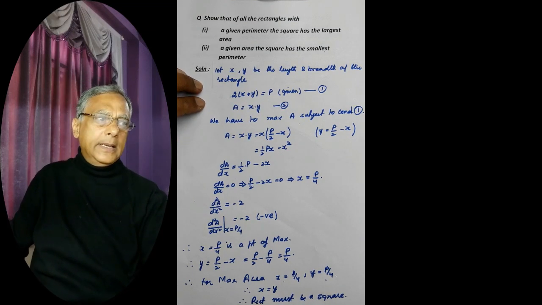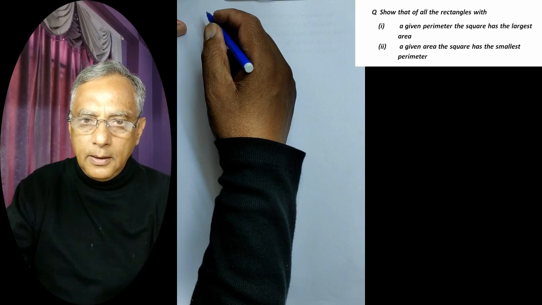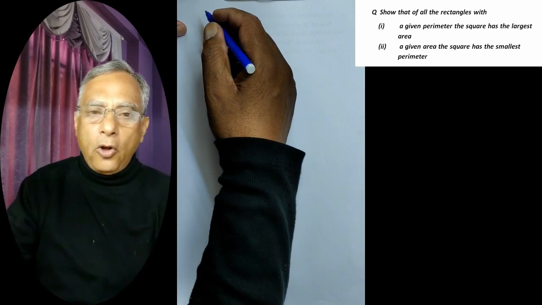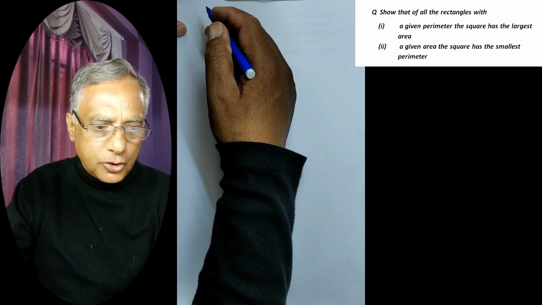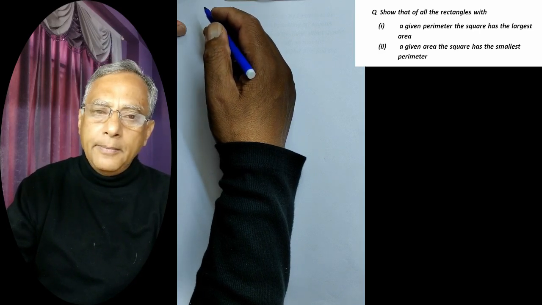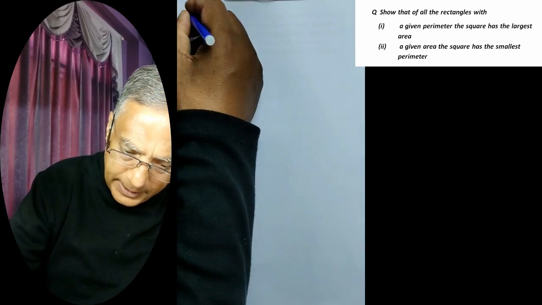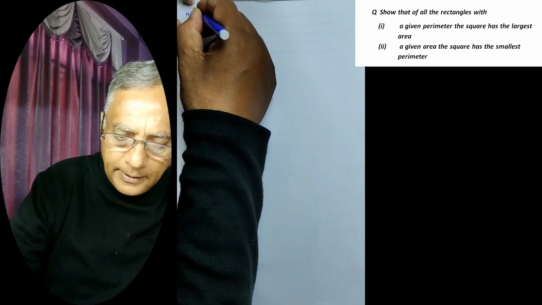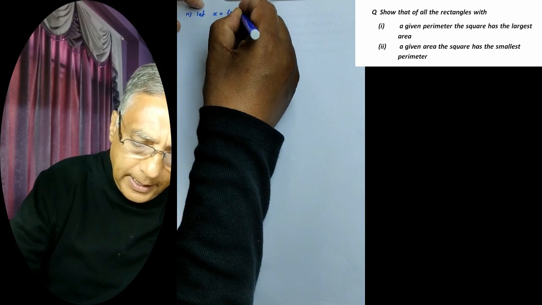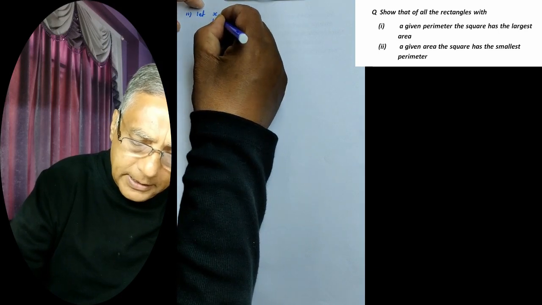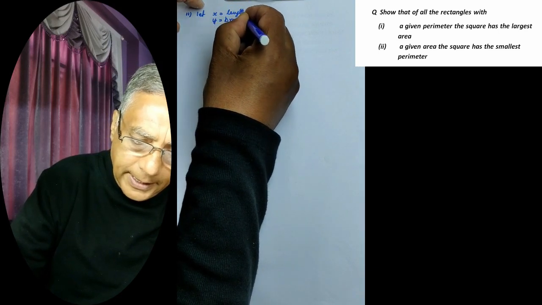Now I take up the second part. The second part is, show that of all the rectangles with a given area, the square has the smallest perimeter. Let x be the length and y be the breadth of the rectangle.